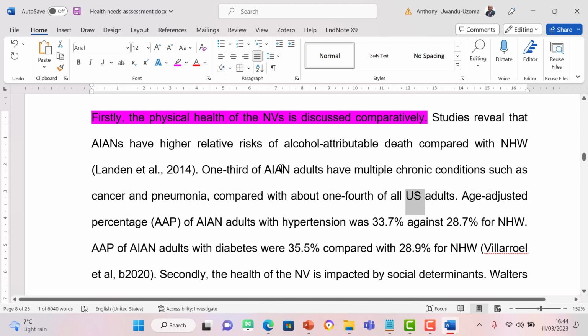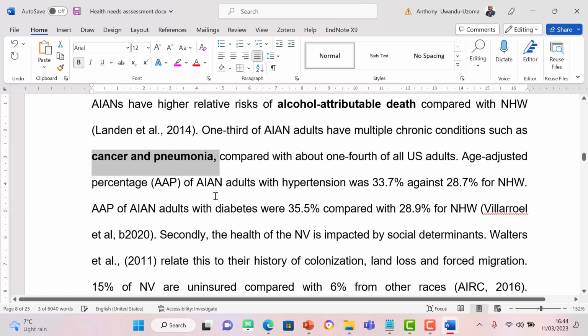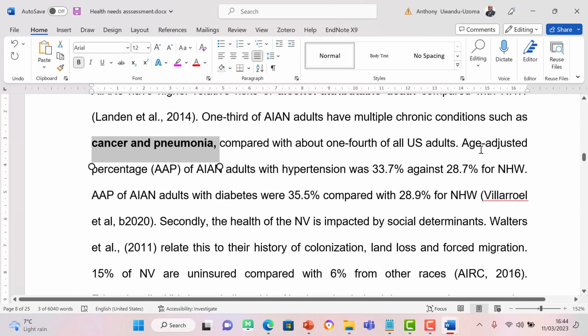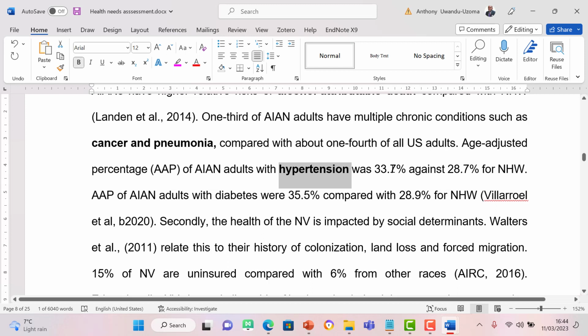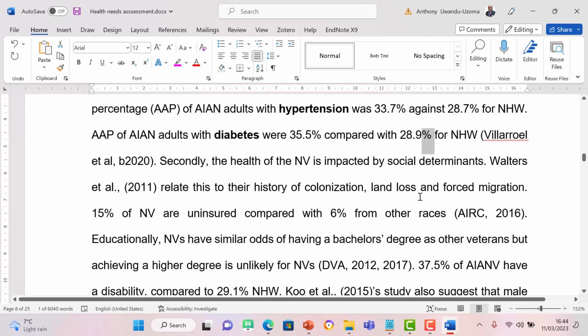So I'm seeing cancer here, I'm seeing alcohol. Then I'm seeing cancer and pneumonia. That's their health status. All right. They also have a higher level of hypertension at 3.7% compared to the general population, which is 8.7%. They have higher levels of diabetes compared to the general population.